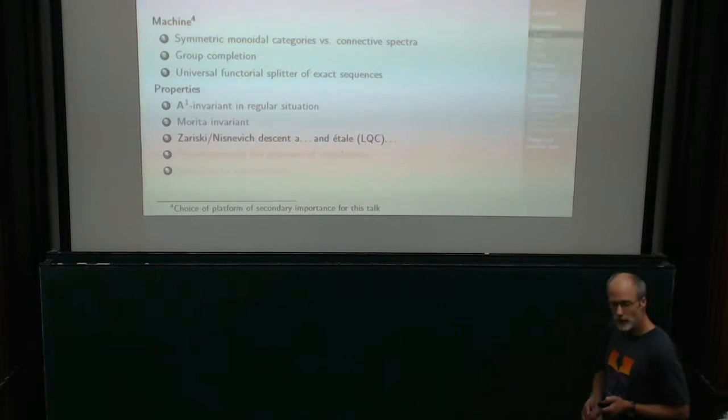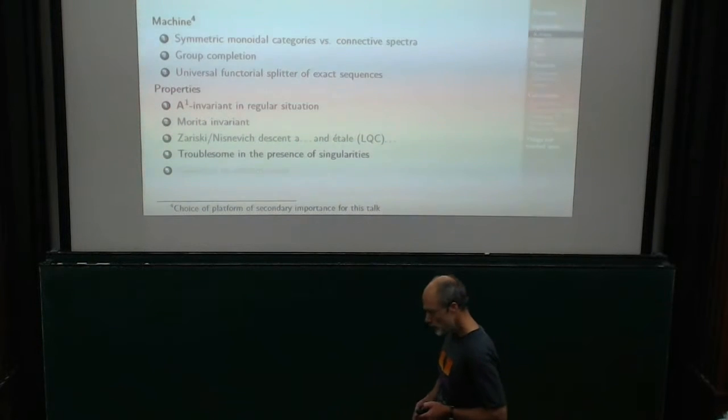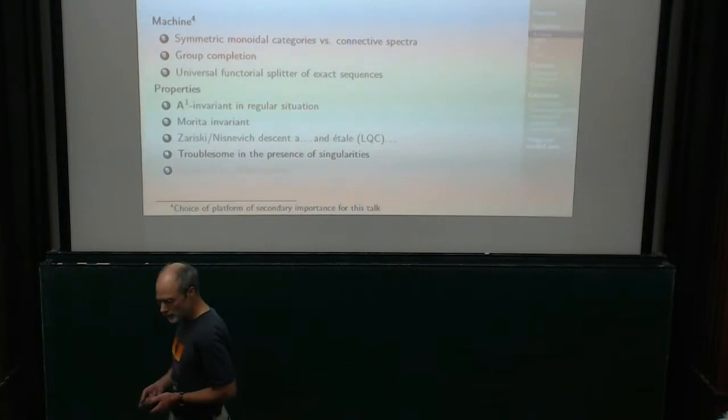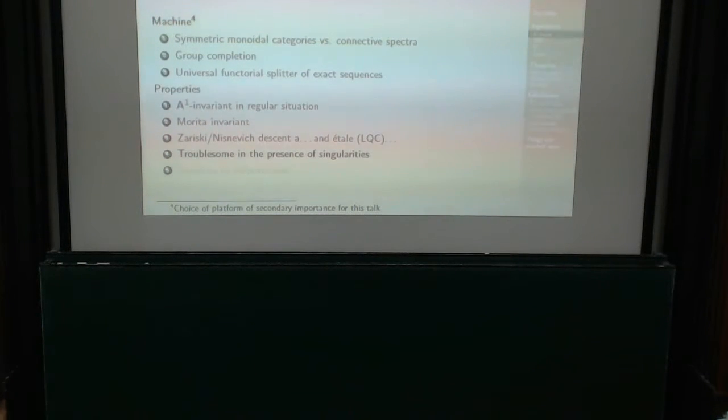But then things aren't so nice anymore. So when I say that K-theory is troublesome in the presence of singularities, that doesn't mean that K-theory is wrong when it gets to singularities. You'll never hear me say that K-theory is wrong. K-theory is always right.